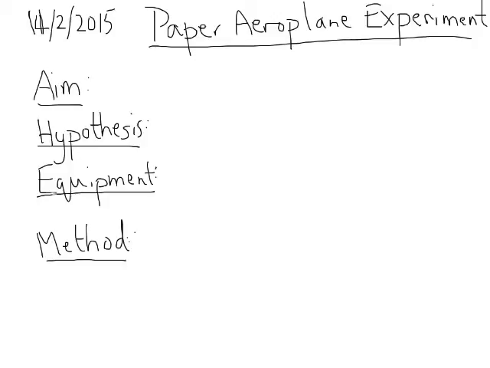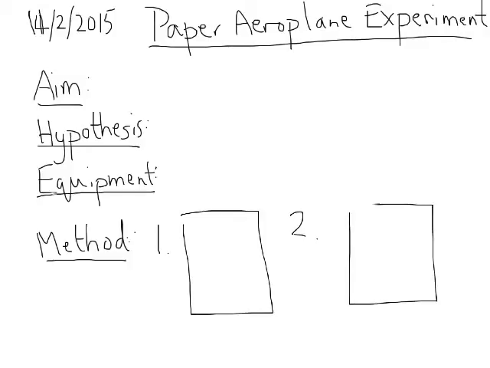The diagrams that you used when you researched how to make your paper aeroplane on the internet are going to be really useful here. So you might, for example, in your method put a 1 and then actually draw the diagram of the first step, and 2, the diagram of the second step, and keep on going all of the way through. So that might be a really good way to get that done.